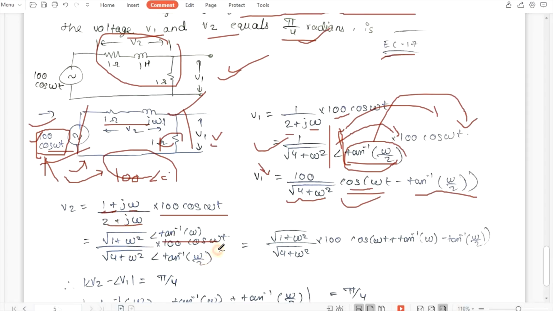Now if we take this angle into numerator, it will be minus tan inverse of omega by 2. And if we add both these terms into this omega t, it will be magnitude into 100 cos omega t plus tan inverse of omega minus tan inverse of omega by 2. So here you can see this is our V2, this is our V1.